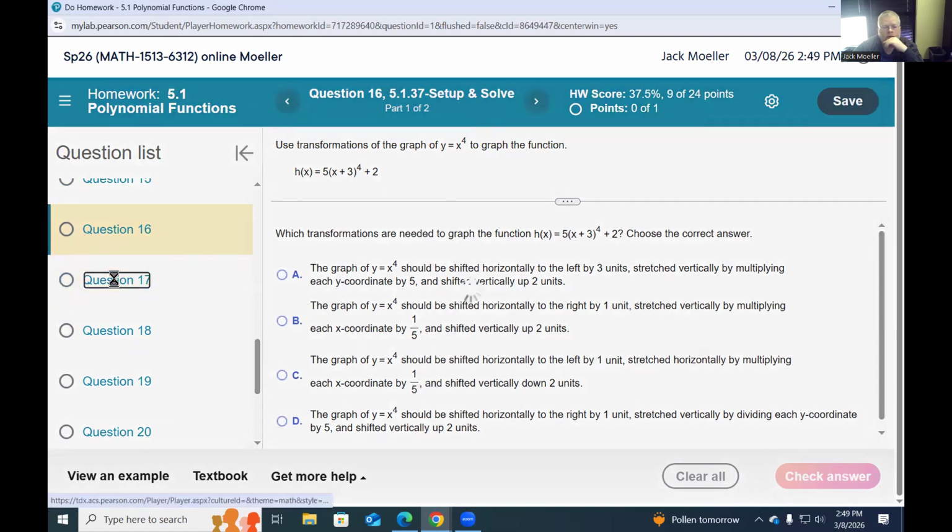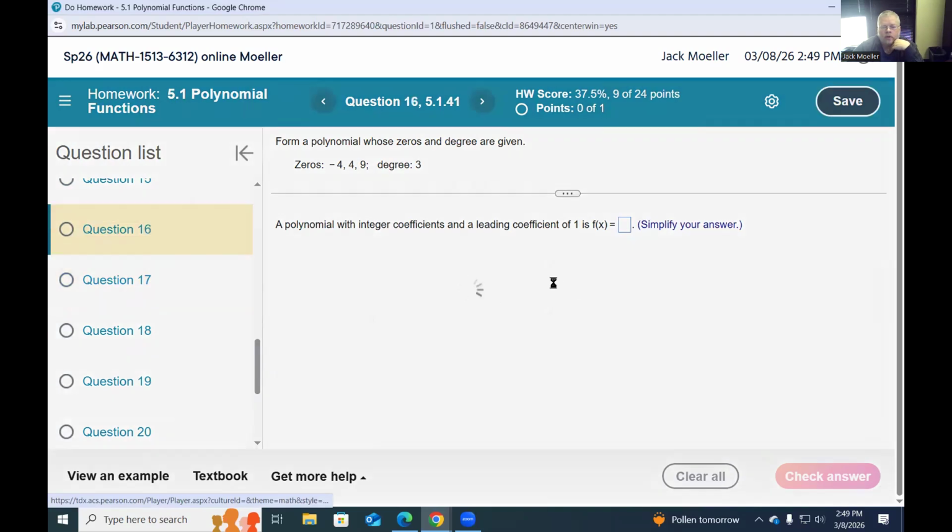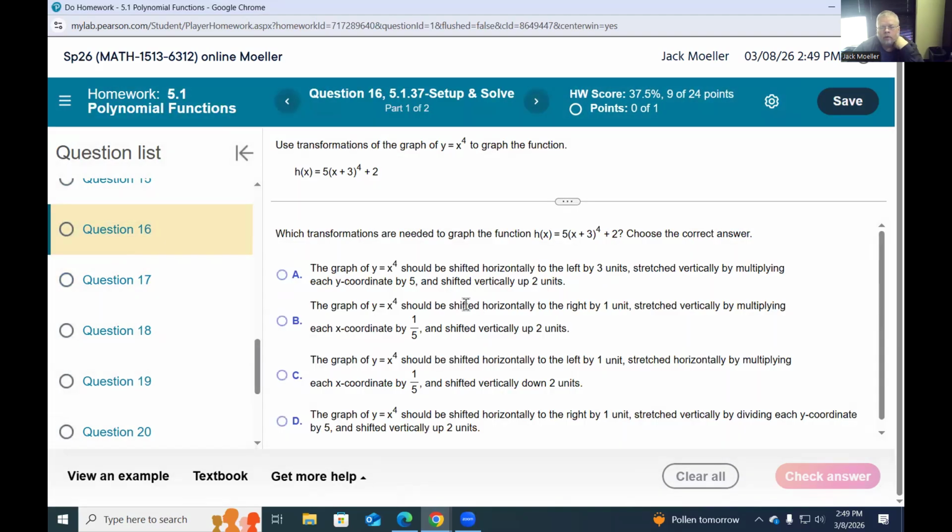Let's see. So when they do the wording, you just have to be a little bit more careful. Now, remember the 5 is a vertical stretch. So we know it has to go left 3 and up 2. So it might be A. Right 1.